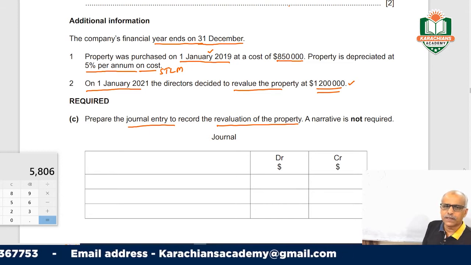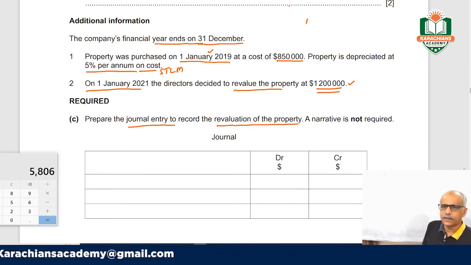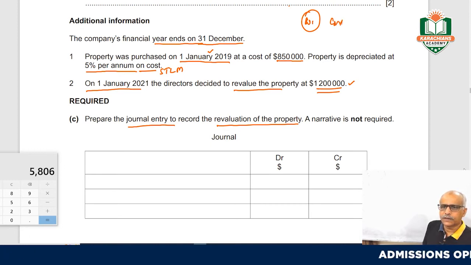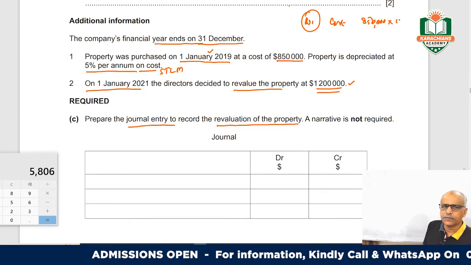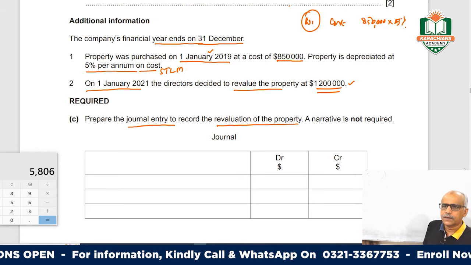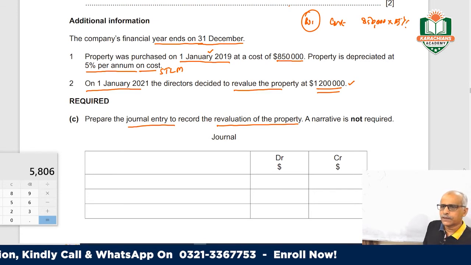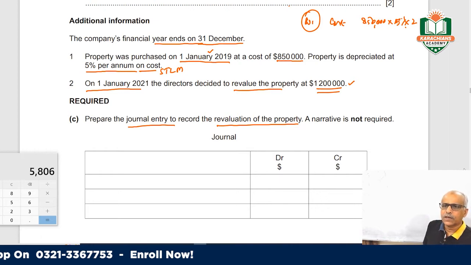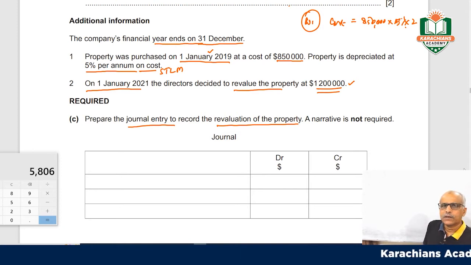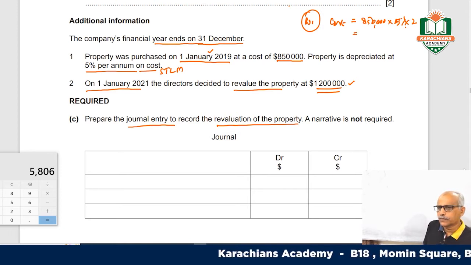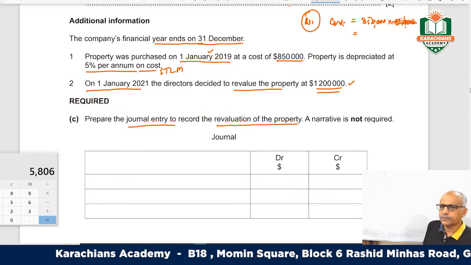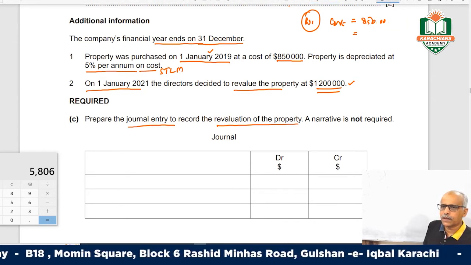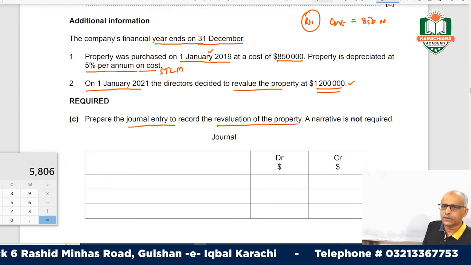So how much is the depreciation? We can say this is working. Your cost is 850,000. Depreciation is straight line, which is 5%, for 2 years, because this is applied on cost. So depreciation remains constant for the whole life of this cost.